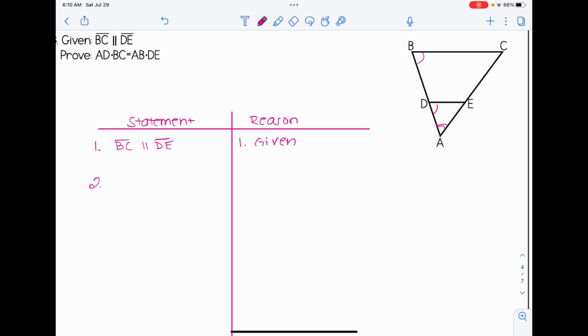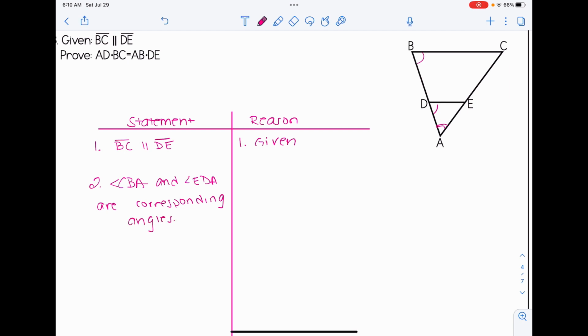So let's start with the corresponding angles. Angle CBA and angle EDA are corresponding angles.